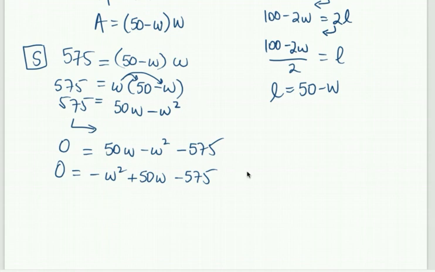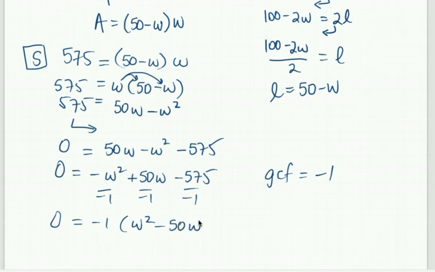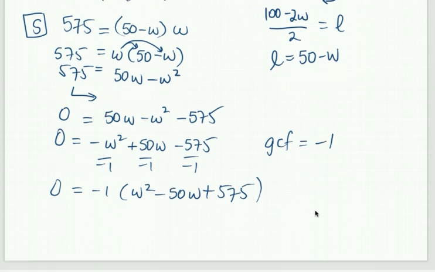Okay, so again, let's go through and look for a greatest common factor. I'm noticing a -1 can be pulled out of all of these, so we'll divide that out. Then let's factor these and we can get to the zeros.